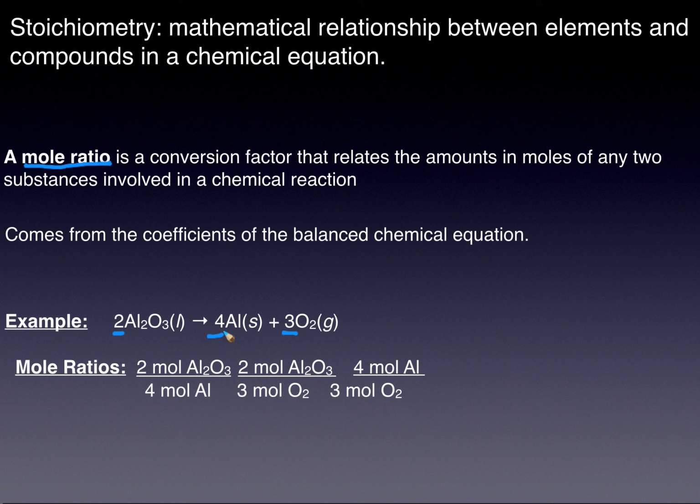And a mole ratio between our products, aluminum to oxygen, would be 4 moles of Al to 3 moles of O2. If we wanted to go from oxygen to aluminum, it would be 3 moles of O2 over 4 moles of Al. I like to think of this as a bridge, or mole ratio. I'm getting from one destination or one unit to another.